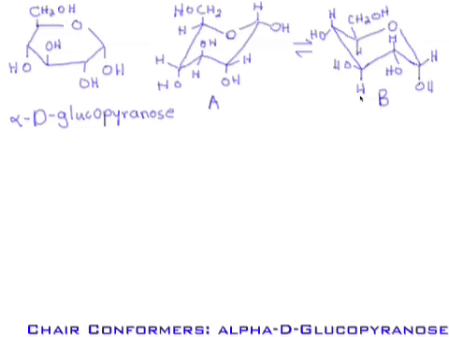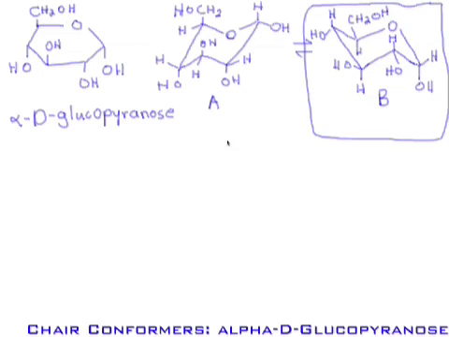The structural conformer that does it in this case is structure B. You notice in structure B, only one of the OH large groups ends up axial. All the others are equatorial. And so structure B is the most stable chair conformer that you can form.